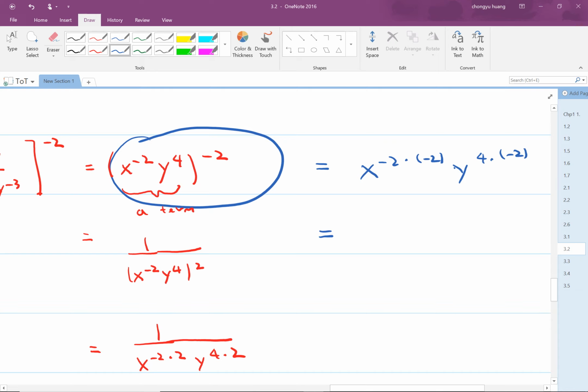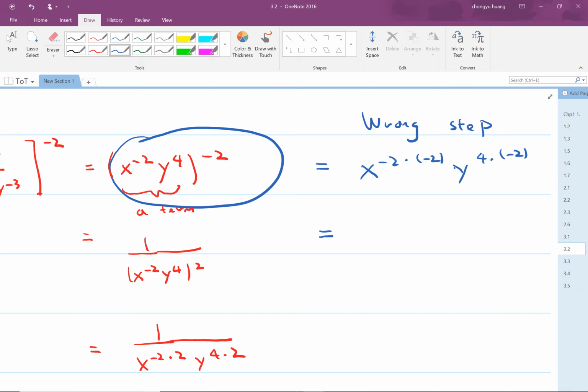So now, the wrong step, okay? Let me write it down, the wrong step. Some people may say, why don't you just multiply the negative 2 inside, right? Basically, one thing is that there's no such property.